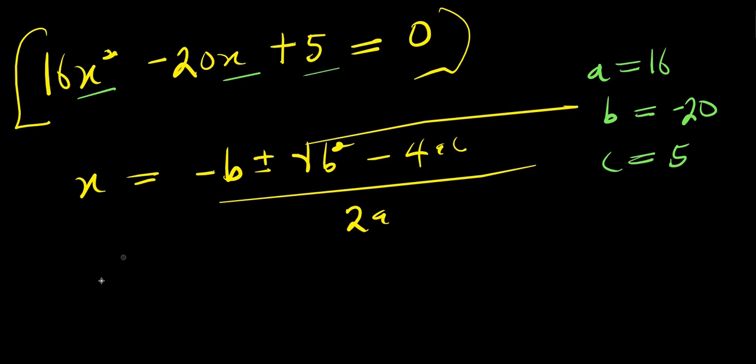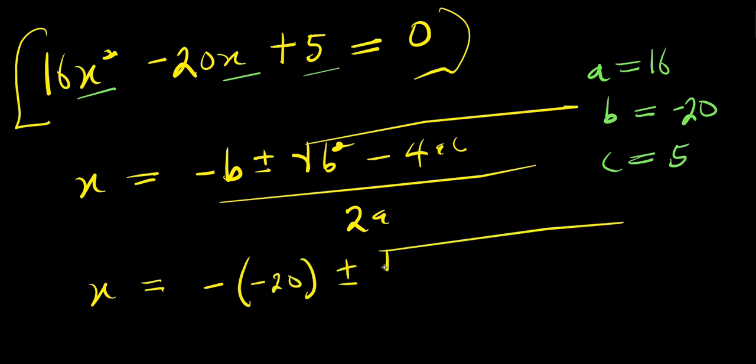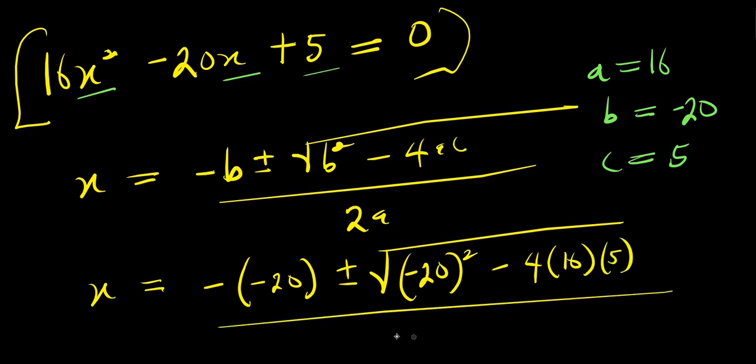So from here, we have x equals negative times negative 20, plus or minus square root of negative 20 power 2, minus 4 times 16 times 5, divided by 2 times 16.